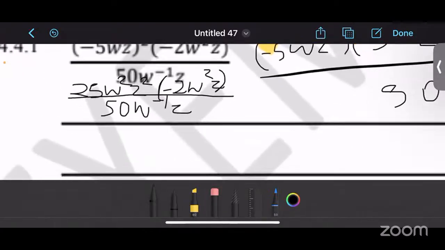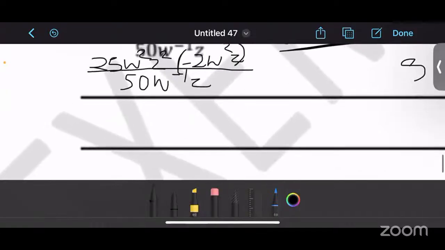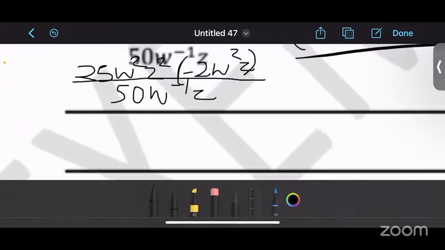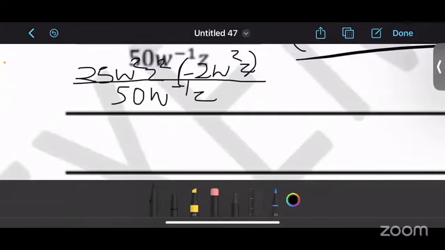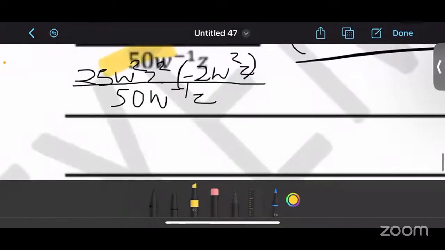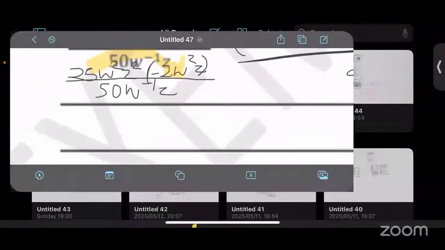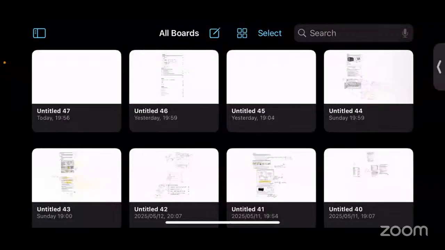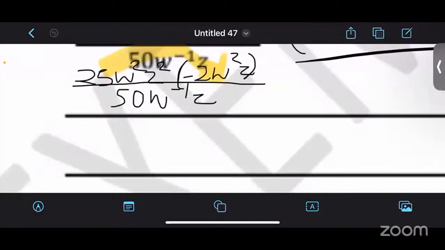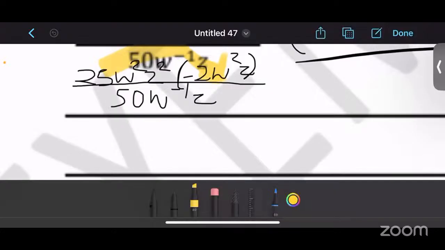And then now we're going to move to the next step, Langelihle, where we're going to multiply this with that, okay? Oh no, what happened? Okay, where we're going to multiply this with that. Let's see.